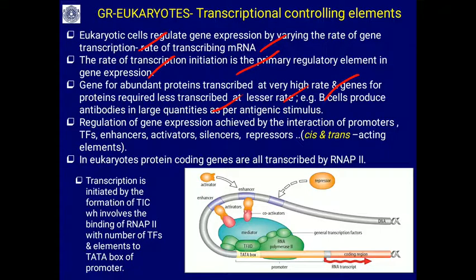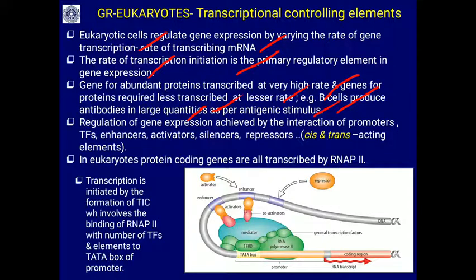For example, B cells produce antibodies in large quantities as per antigenic stimulus. Before the antigenic stimulus, B cells are not producing antibodies. Similarly, I have given the example of insulin, the same thing.